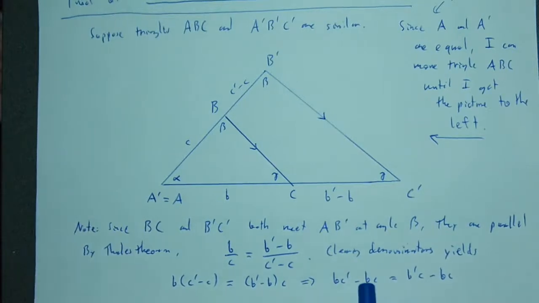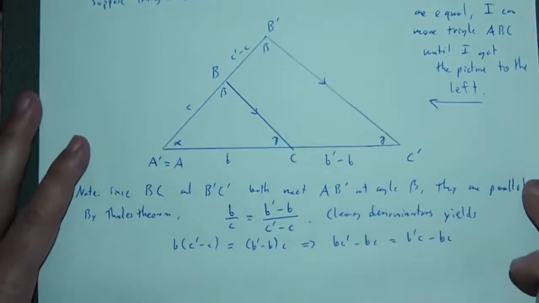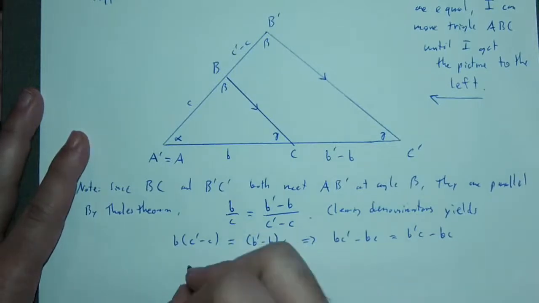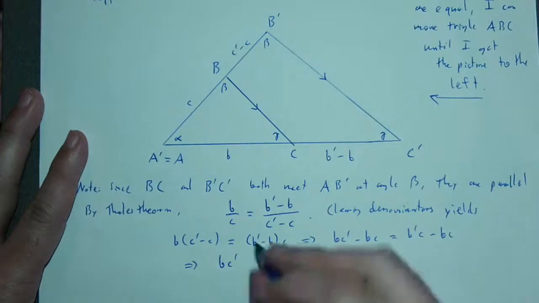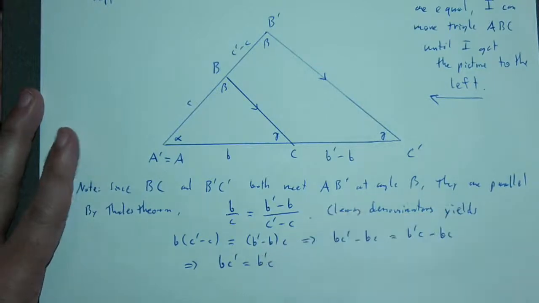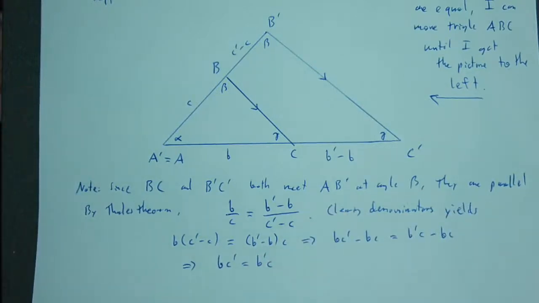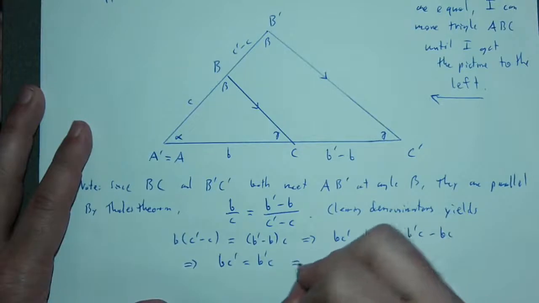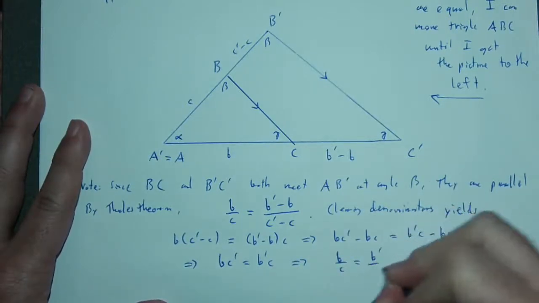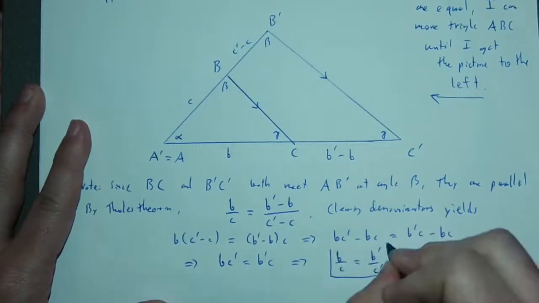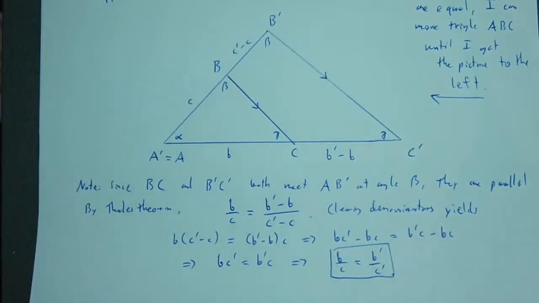So I have the same quantity minus bc on both sides. So I can add bc to both sides and those go away, and what I get is bc prime is equal to b prime c. Aha. Okay, so then dividing by c prime, I get b over c is equal to b prime over c prime, which is exactly the statement that I want.